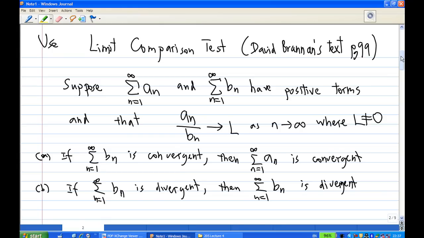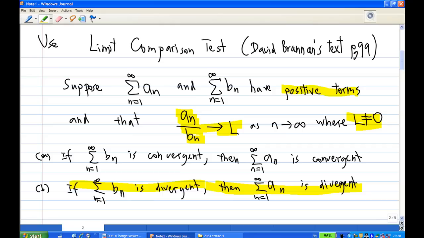Then, if the series bn is convergent, the series an is also convergent. If the series bn is divergent, then the series an is also divergent. Basically, it means that the series will converge or diverge together if an over bn approaches L, where L is not equal to 0, and both an and bn are series of positive terms.